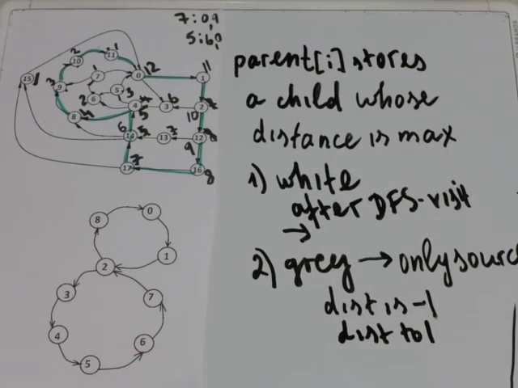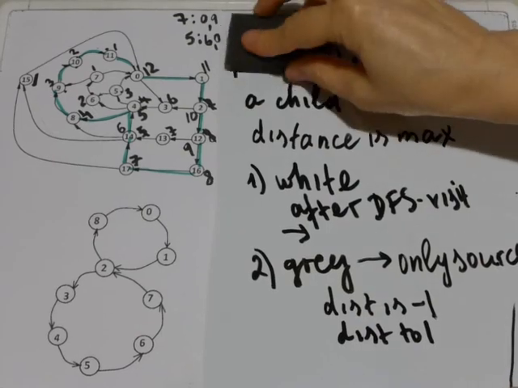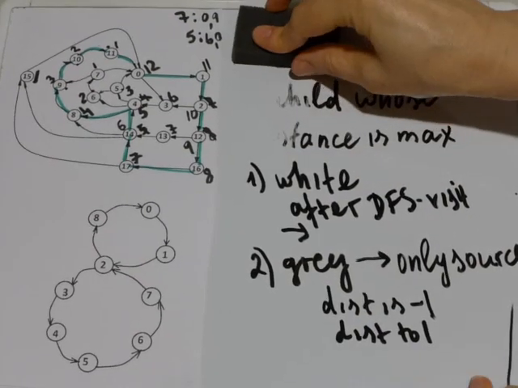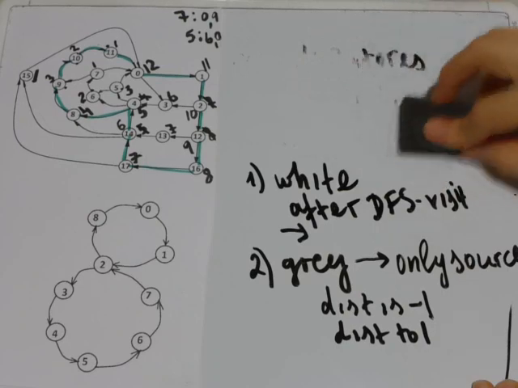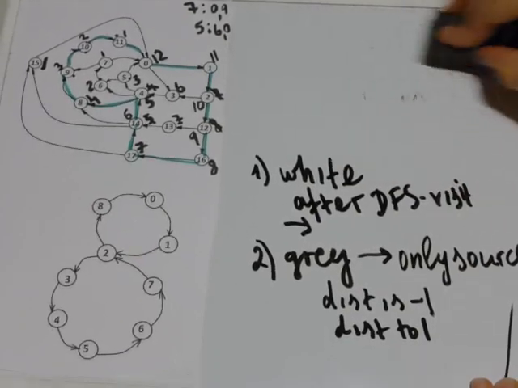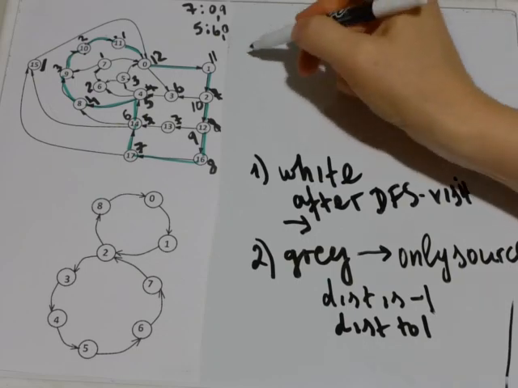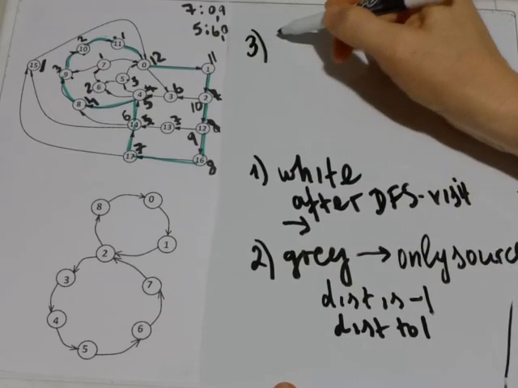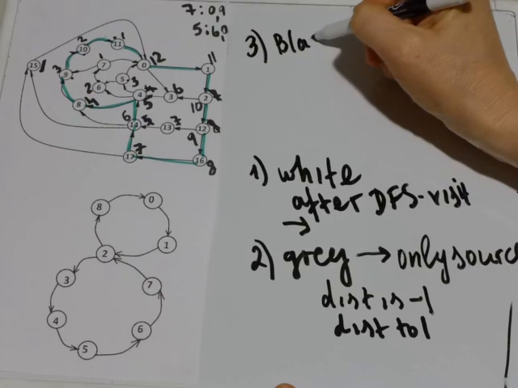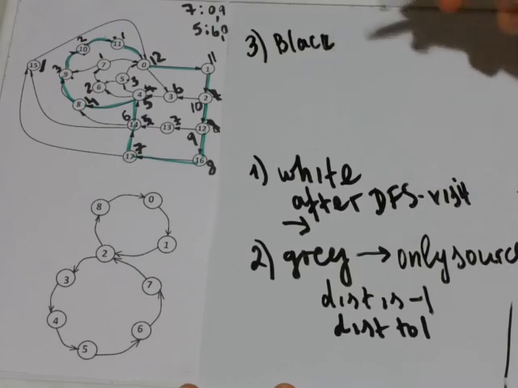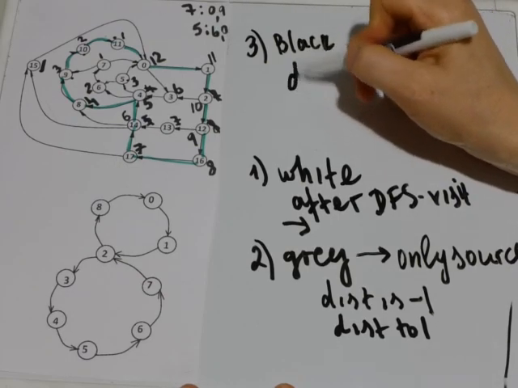And the third case is when a neighbor is black. If the neighbor is black, you still need to check the distance of that black node.